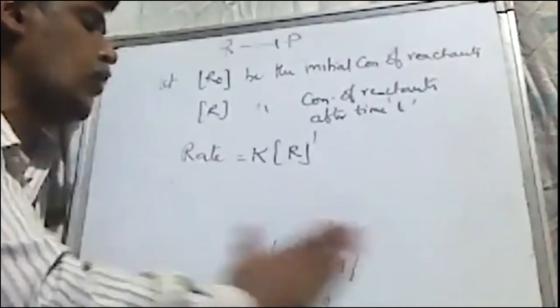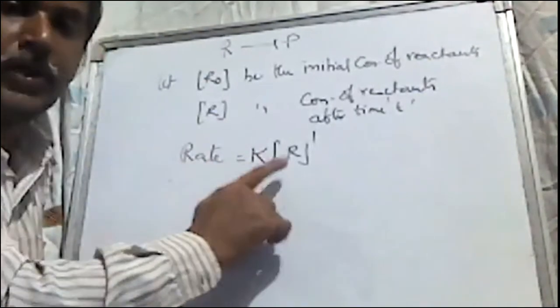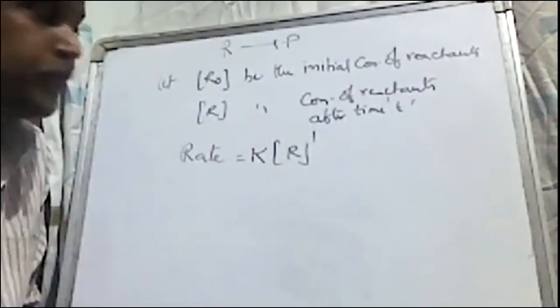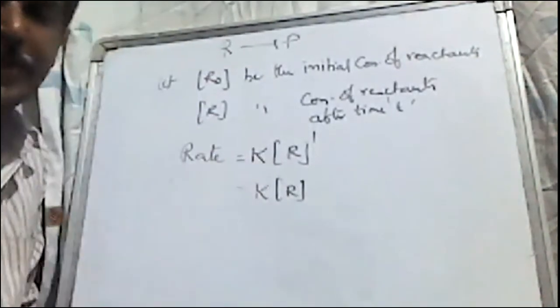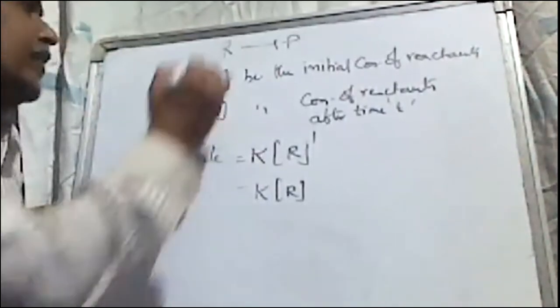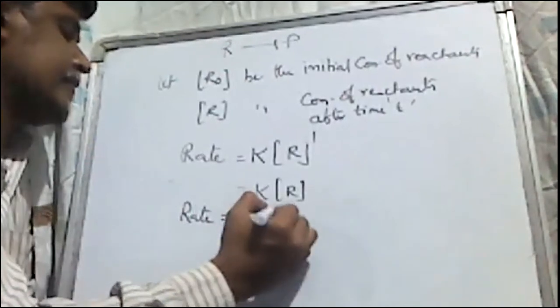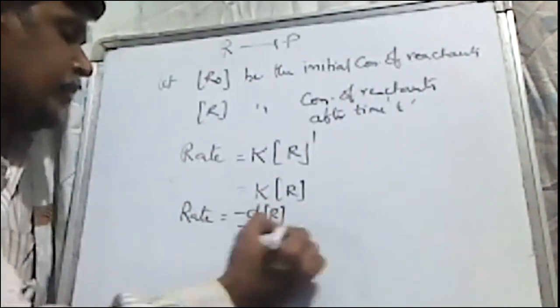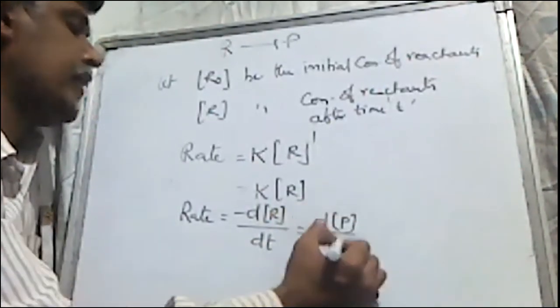Here, as there is only one reactant, the rate equation becomes rate is equal to K into R to the power 1, which is K into R. We know that for this reaction, rate is equal to minus dR by dt, which is equal to dP by dt.